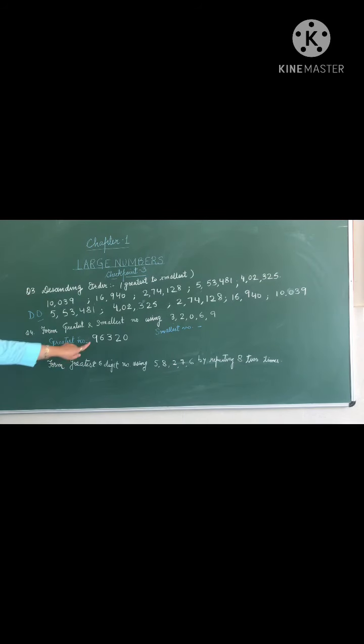So the greatest number is 96,320. आप इससे और भी जितने मर्जी नंबर्स बना सकते हो, बट द ग्रेटेस्ट आपको यही मिलेगा. Greatest will be 96,320.